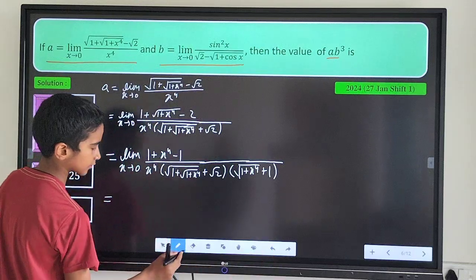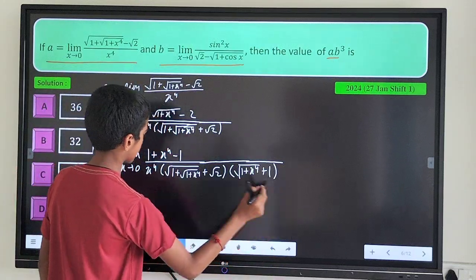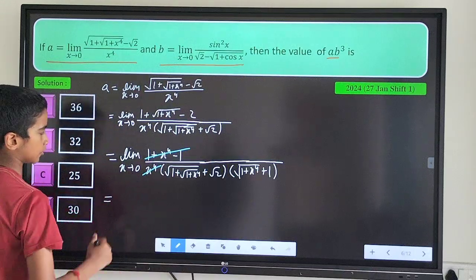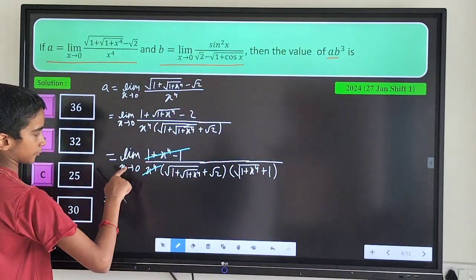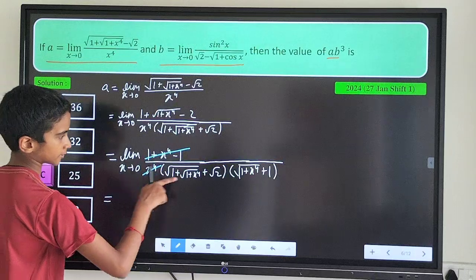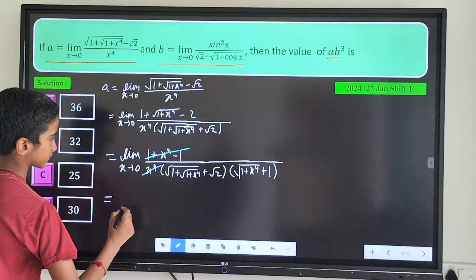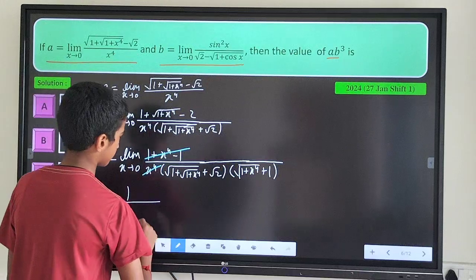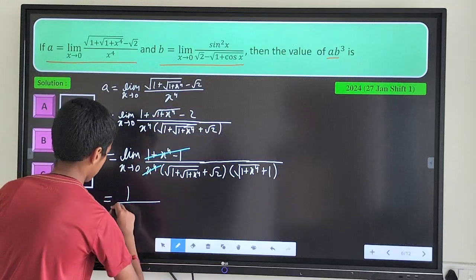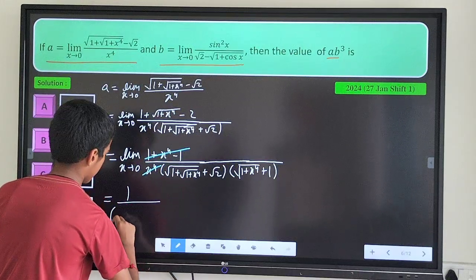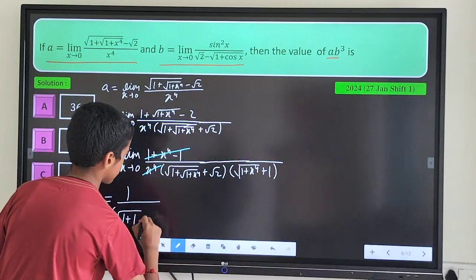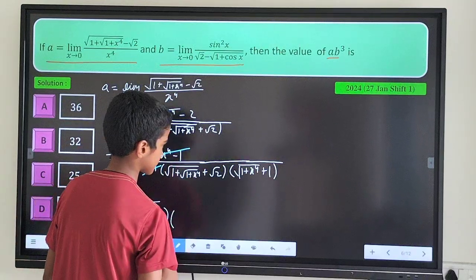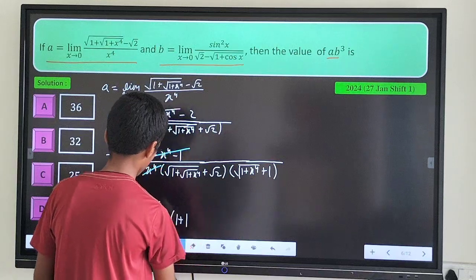Now our x4 and x4 will get cancelled. Then we will put x tends to 0 in this limit. So we will get 1 upon under root of 1 plus 1 plus under root of 2 times 1 plus 1.